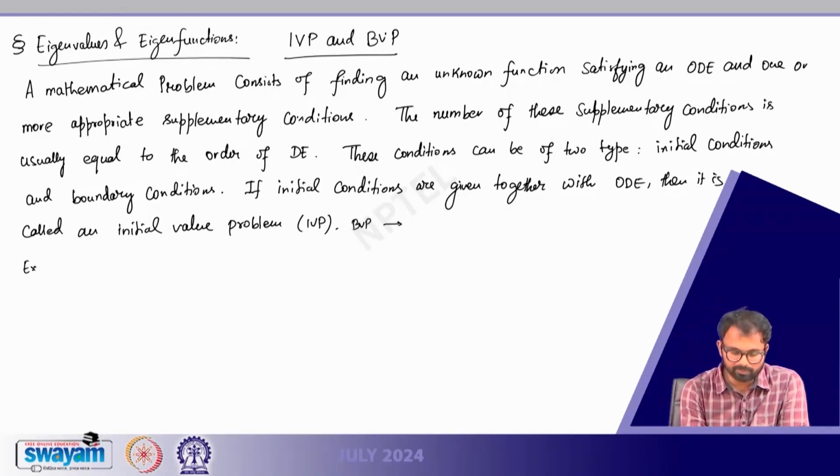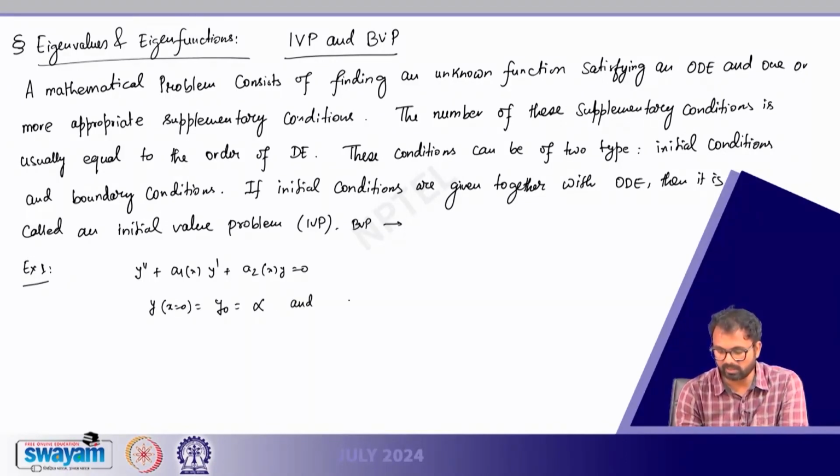One example for an initial value problem: suppose we have y double dash plus a1(x) y dash plus a2(x) times y equals 0. This is the given differential equation, and we might be given y at x equals 0, written as y(0) equals alpha, and dy/dx at x equals 0, y dash 0, given as alpha 1, right.